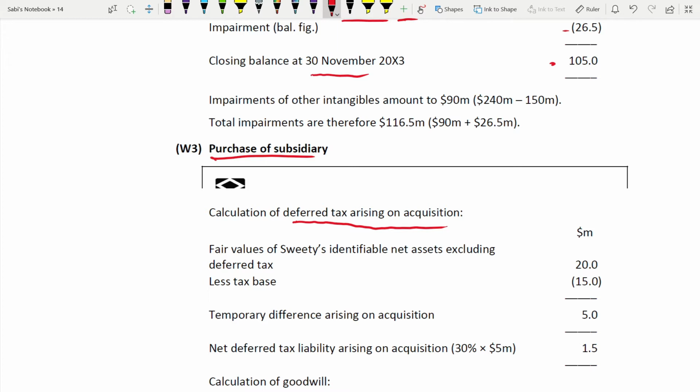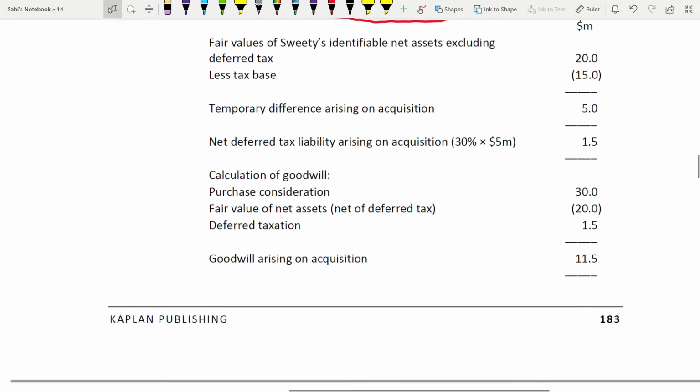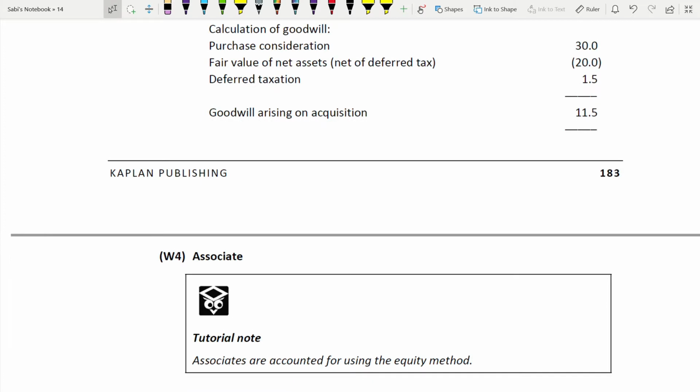The question is why you need deferred tax when you're calculating acquisition. Because you are calculating net asset. Why are you calculating net asset? Because if you don't calculate net asset, how will you calculate goodwill? You see down, you need goodwill arising on acquisition, basically.